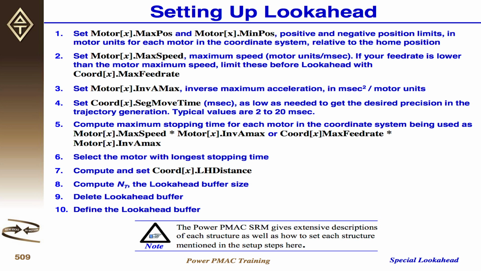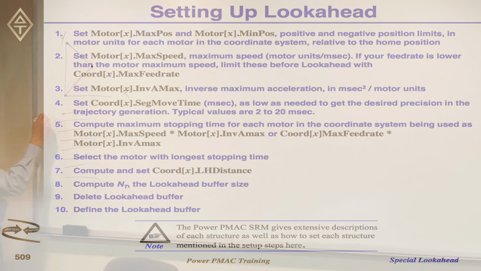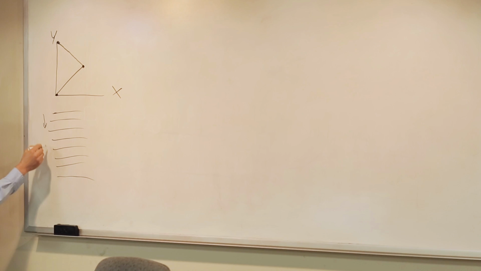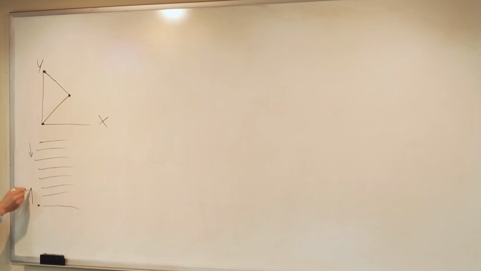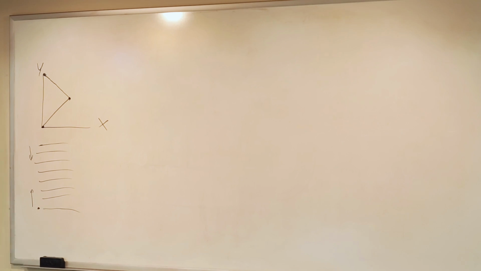So, for example, if you have the blocks like this, and the program goes through like that, right? With this lookahead distance, you can look ahead all the way to here, but someone wants to come back, reverse the direction, retrace the trajectory.